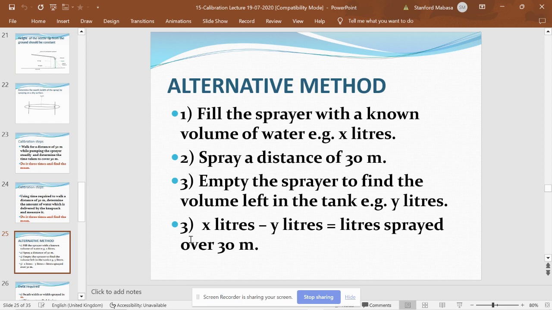It could be Y liters. Then you may get what you have applied to the 30 meters by subtracting X liters, the initial, minus Y, the final liters, which will give you the amount which has been sprayed to cover 30 meters. Probably you need again to repeat 3 times, then you get the mean.